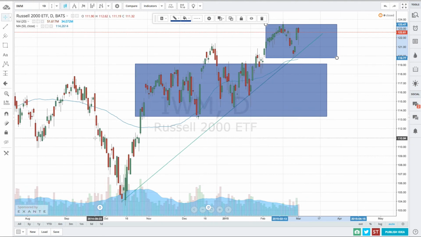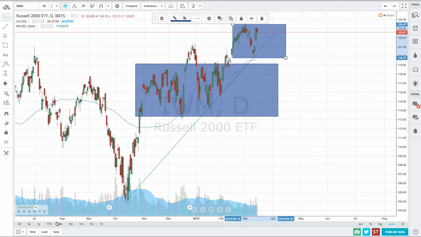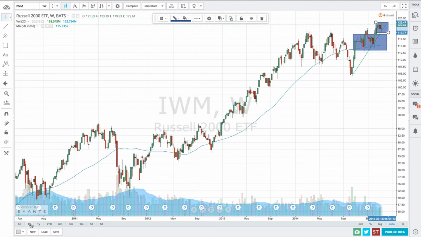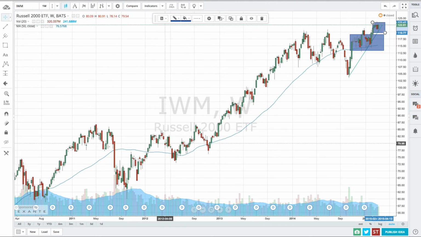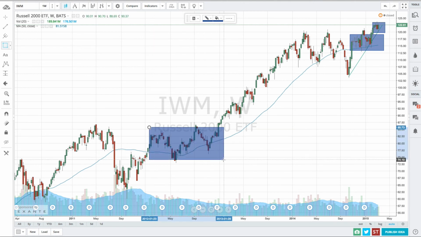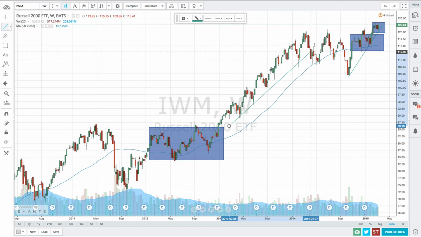If we zoom out, we've talked about this in the IWM. Let me figure out how to zoom out. Let's go to a 5-year. Okay, perfect. We've talked about how the IWM has these periods of consolidation and then these runs. You can see that, and here's the run.